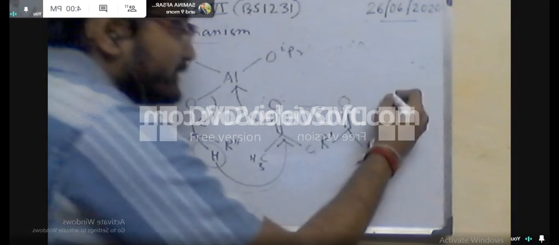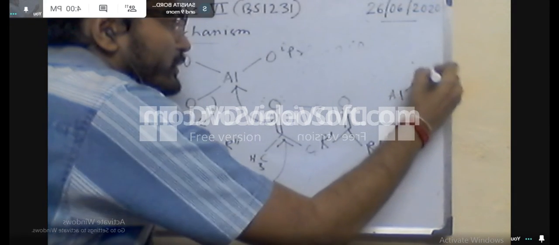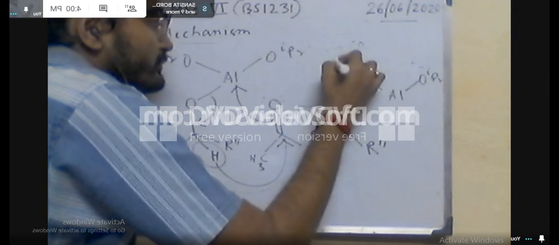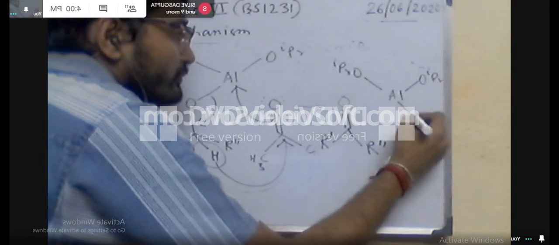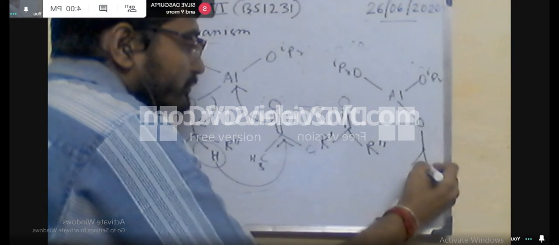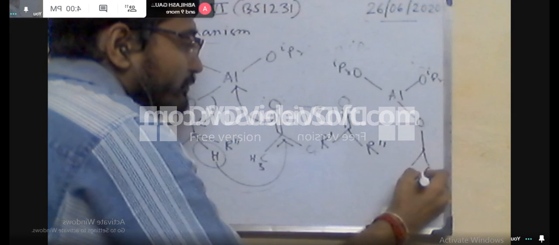This is the Oppenauer oxidation, and the reverse pathway is the MPV reduction. That means from this ketone you will get the 2-degree alcohol.